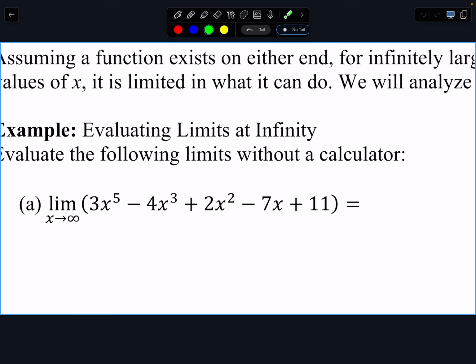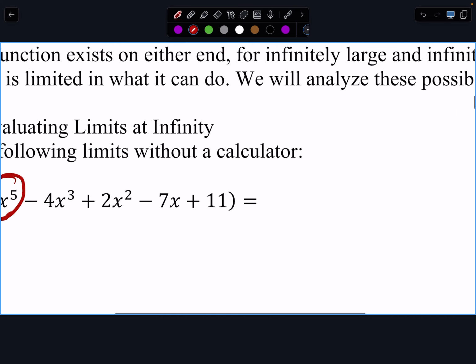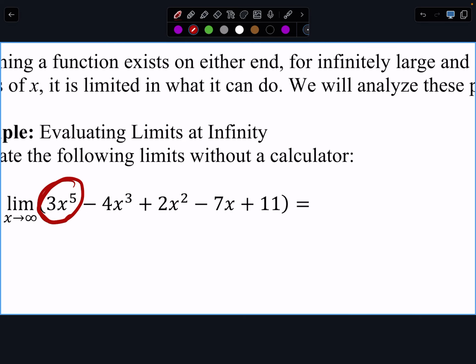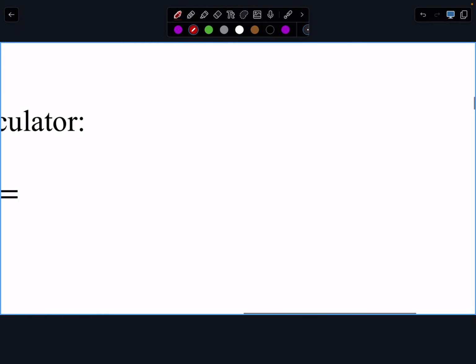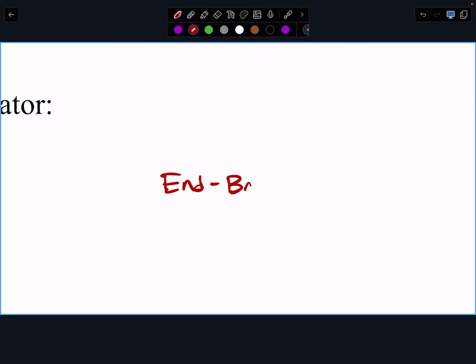The term that has the largest exponent, the term that determines the degree of the polynomial, is going to be the term that ends up dominating all the other terms as x gets infinitely larger, infinitely small. We can treat 3x to the 5th as our, remember this, end behavior model.